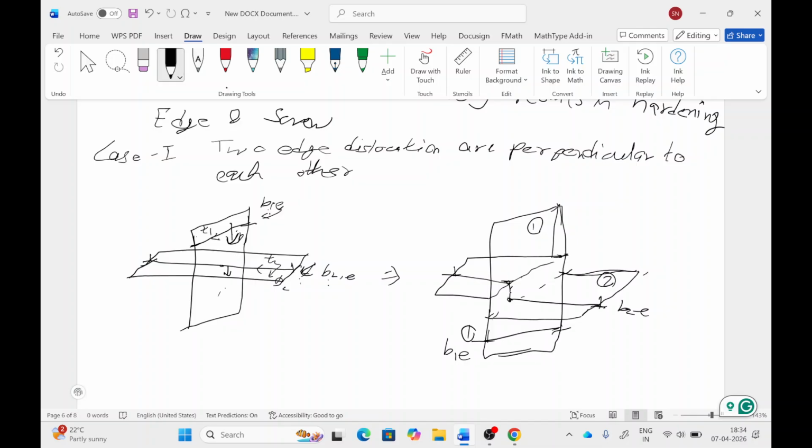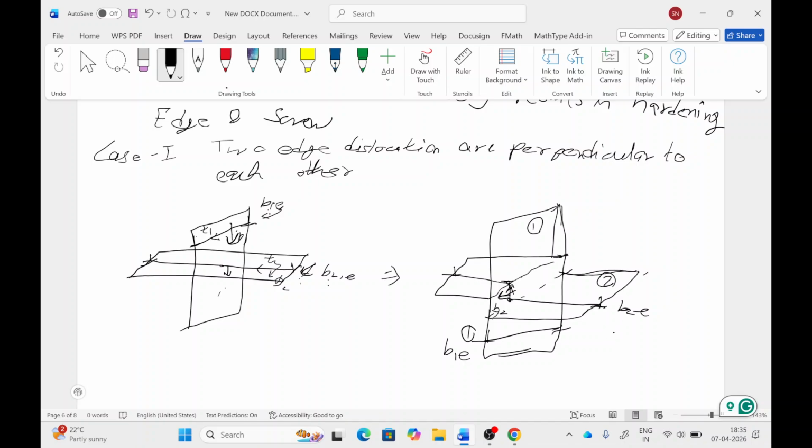So the line vector will be this, and the Burgers vector for this is in this direction, B2. This is the line vector and this is the Burgers vector for this extra half line.